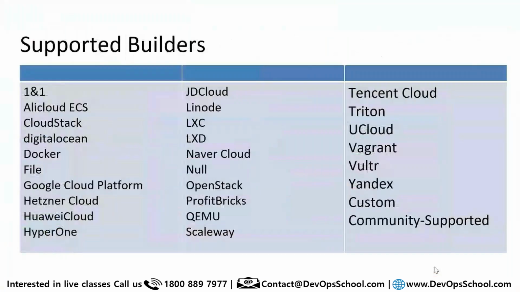I have not modified the slides for the last 6-7 months, so a few more will be added. I have to check that. Some of the things I have taught you, for example Docker, AWS, Vagrant, right? So you can create an image using Packer.